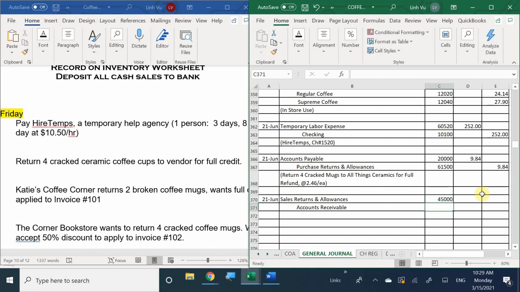Okay. And accounts receivable. No, I think it's a lot. Got 11,000.